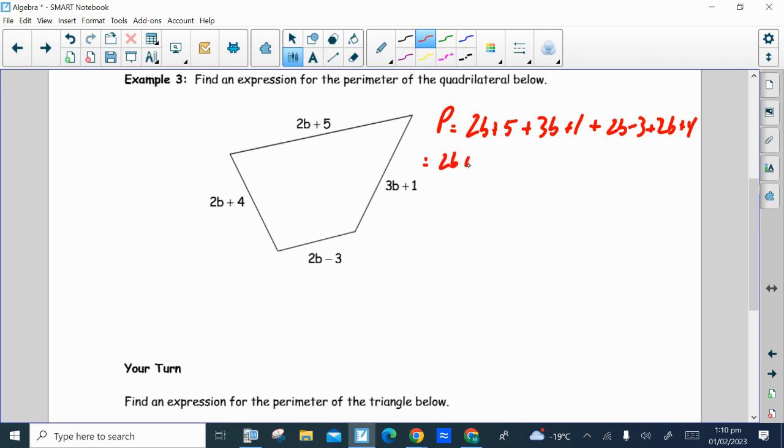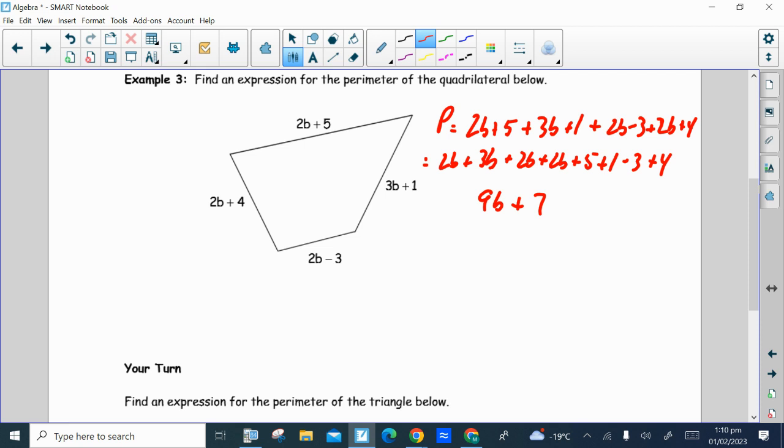If I collect my like terms together, that means all the b terms and all the numbers, all the integers. 2 and 3b gives us 5, plus 2 more is 7, plus 2 more is 9b's. 5 plus 1 is 6, take away 3 is 3, plus 4 is positive 7.